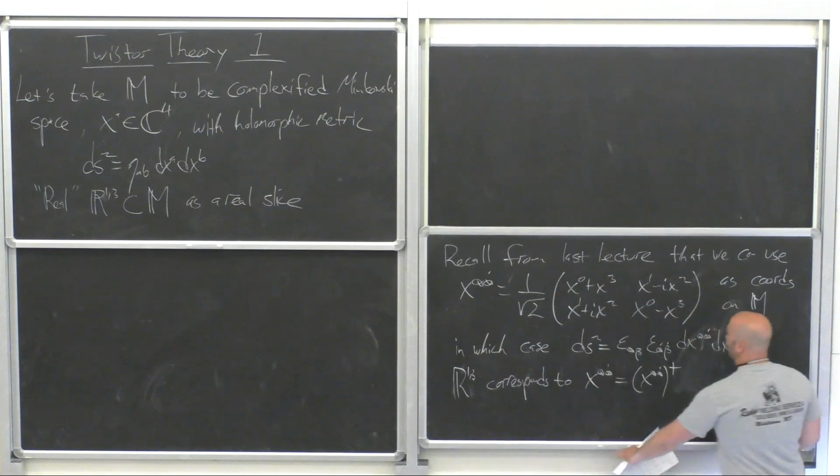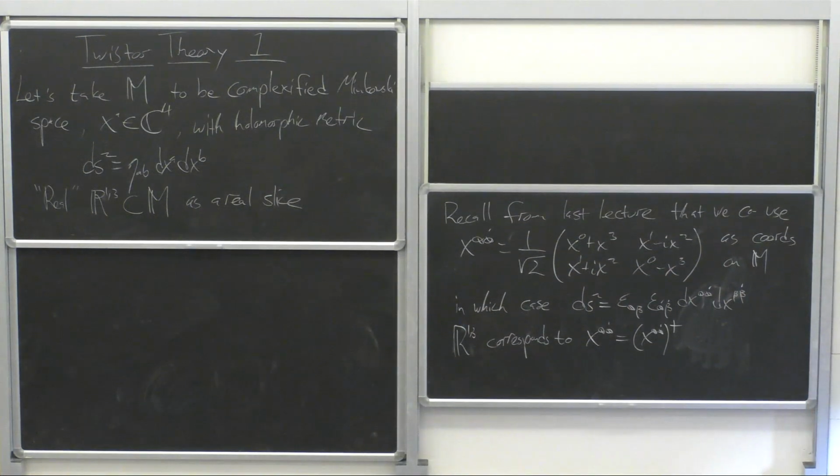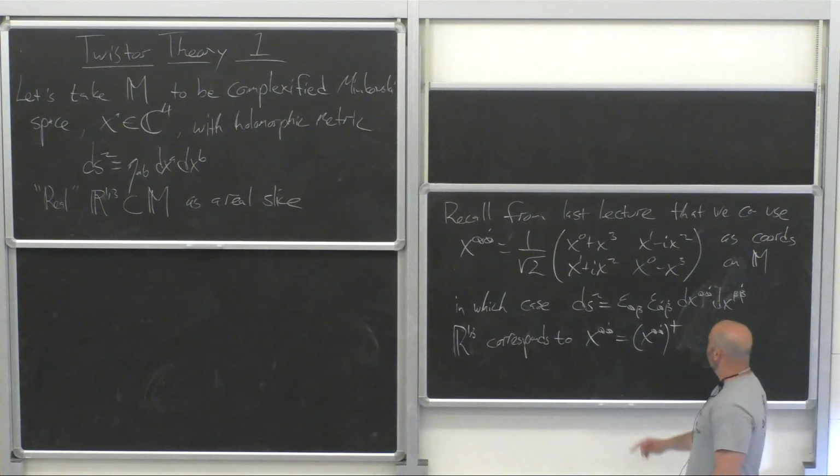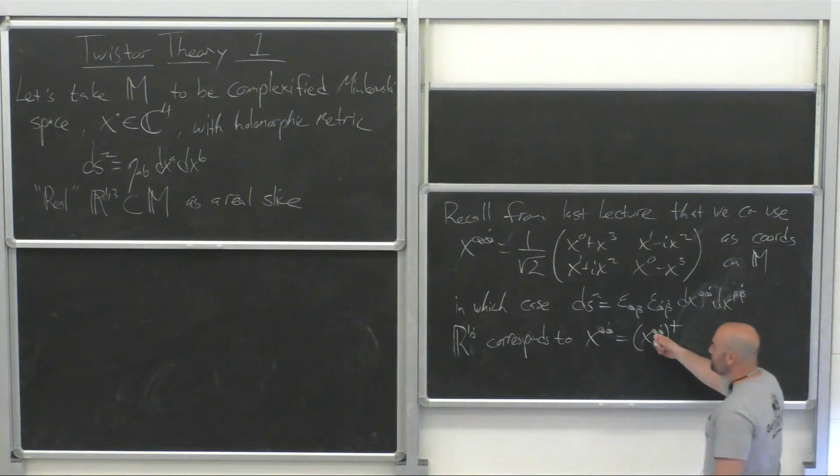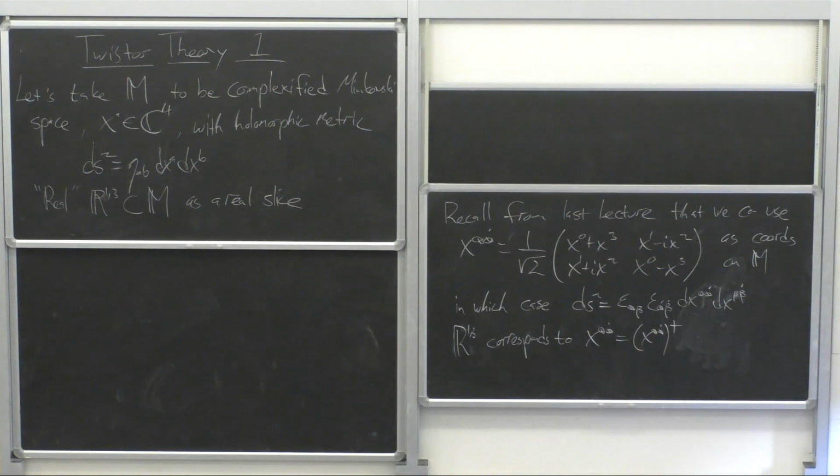But we learned something from this, which I only kind of alluded to in the previous lecture. This Hermitian conjugation involves complex conjugation and a transpose. So that means it switches the two SL2 spinor representations, right?